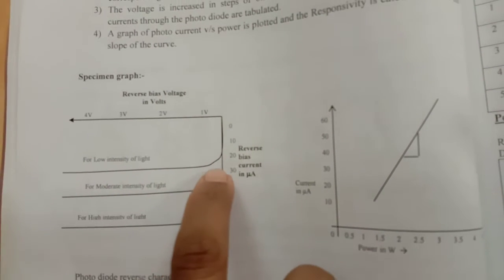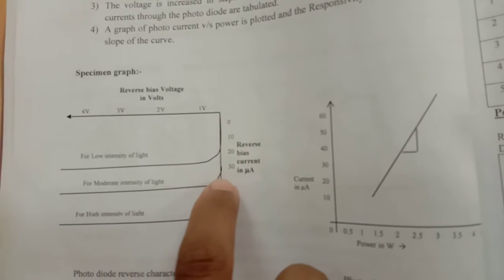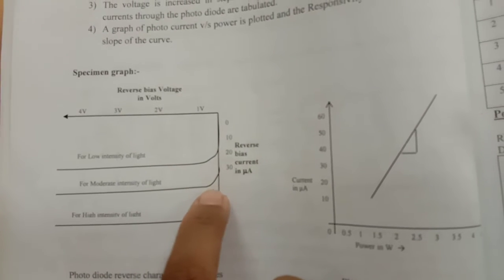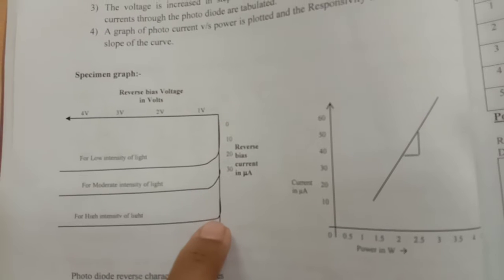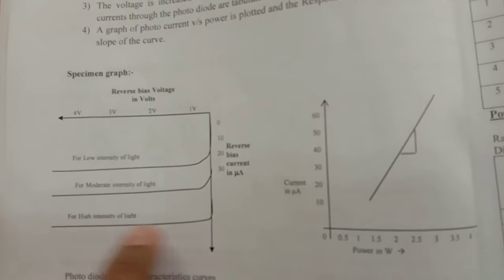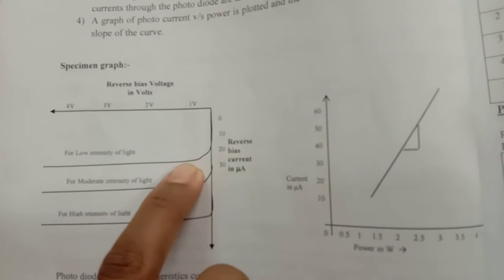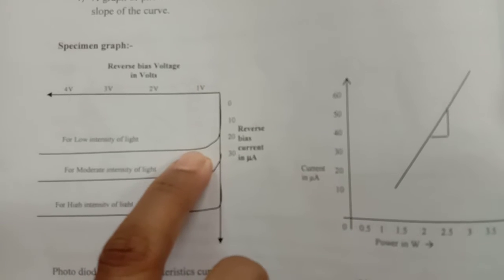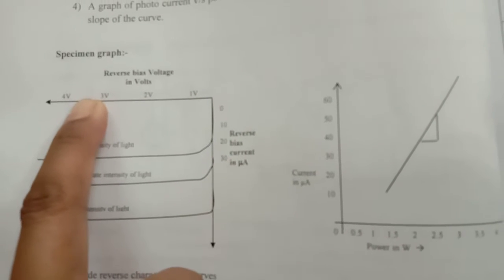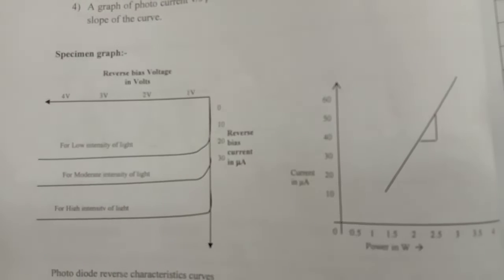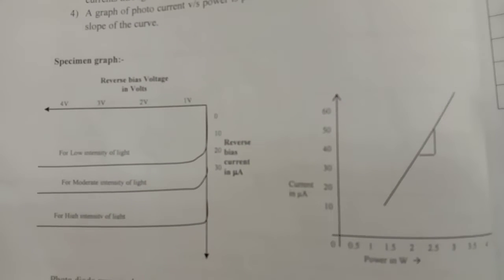Then there is a shift in the curve. Whenever you change the intensity of the bulb, the moderate curve comes here and high intensity of light gives a curve over here. But look at this, your current is not changing even though you are varying the biasing voltage. These are the characteristics of a photodiode which we are going to study in this experiment.